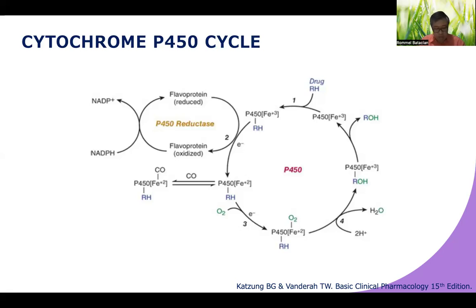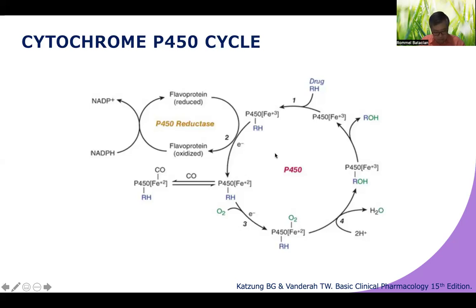In this oxidation reduction process, there are two microsomal enzymes here. The first one would be a flavoprotein, the NADPH cytochrome P450 oxidoreductase, or we call it the P450 reductase.